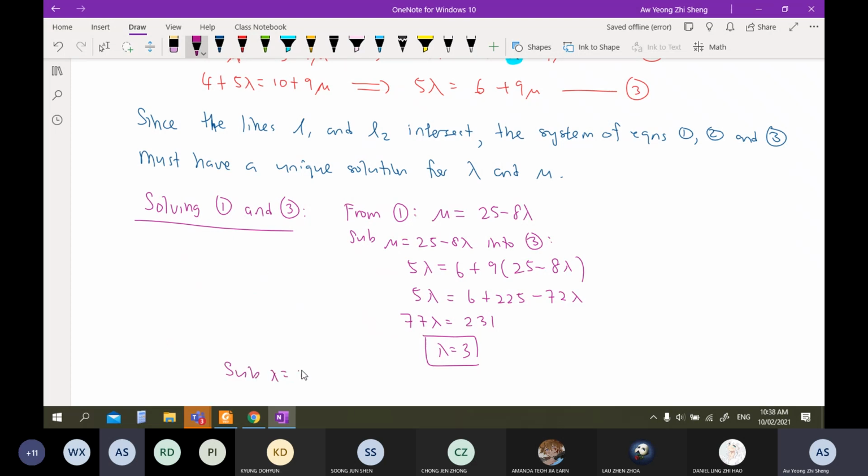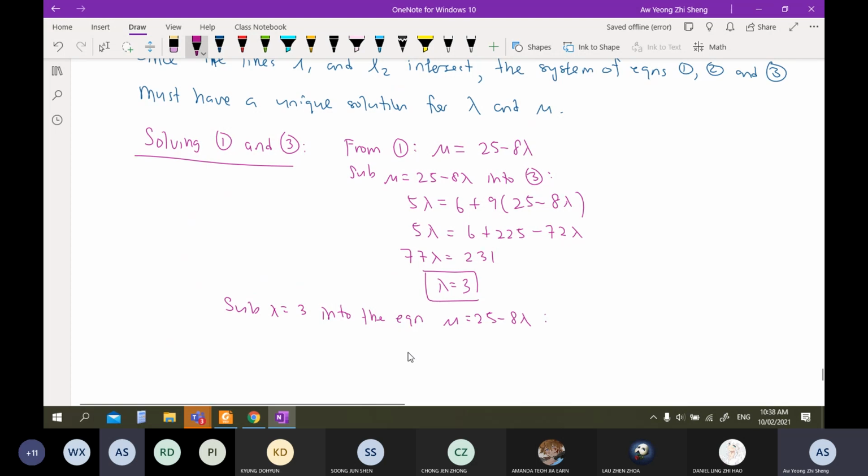And sub lambda equals 3 into the equation mu equals 25 minus 8 lambda. Okay, so you have mu equals 25 minus 8 times 3, mu equals 1.